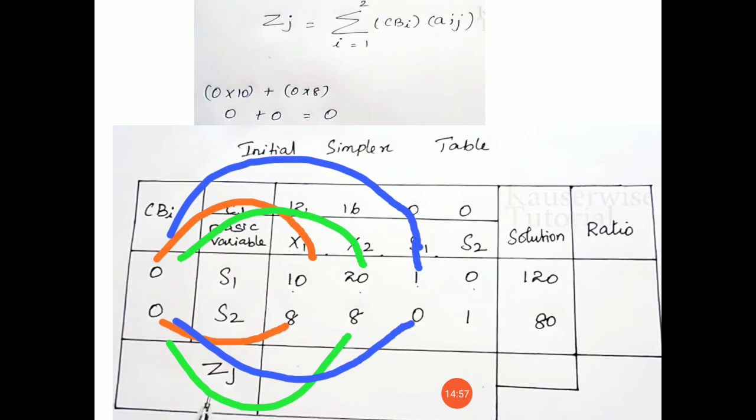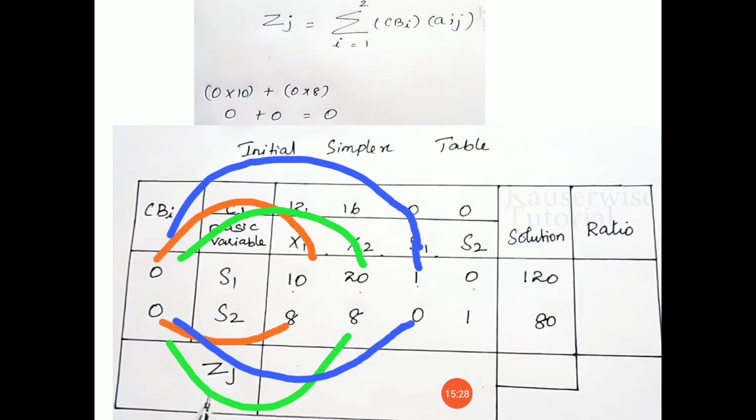Again, the second element of the Zj row can be found in the same way, that is CBi column into Aij. Aij represents the elements of the matrix, that is 10, 20, 1, 0, 8, 8, 0, 1. For finding the second element of the Zj row, I've represented it using the green lines.